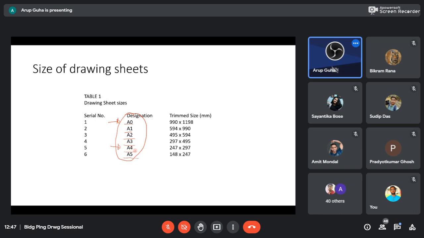So this is your A4 sheet. If you place another A4 beside it, that becomes A3. Now if you place two A3 together, this becomes A2. Placing two of those together, you get A1, and if two A1 are placed together, you will get an A0 sheet. Since we all know what an A4 sheet is, half this A4 sheet is your A5.